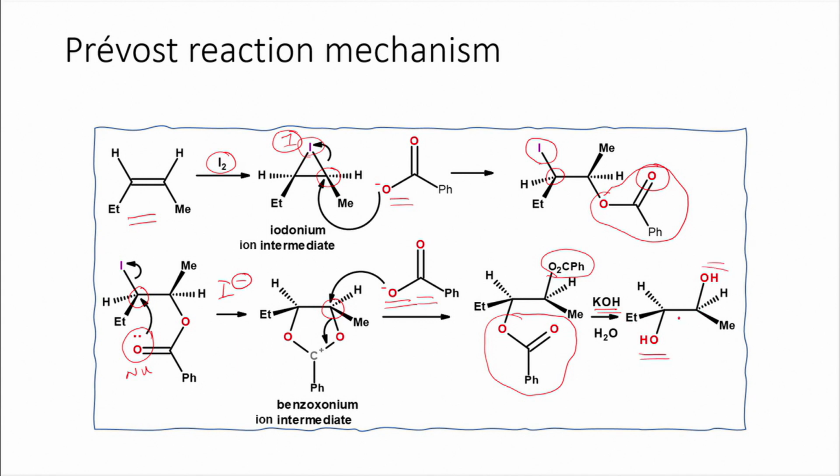So, in this particular case, we end up with a trans addition, because the second carboxylate anion attacked this cyclic intermediate from the opposite side or the trans side. So, this leads to the corresponding trans product in the Prevost reaction mechanism or in the Prevost reaction.